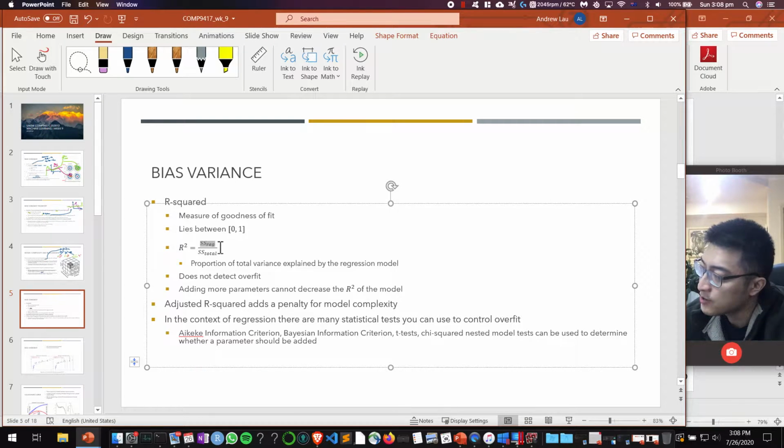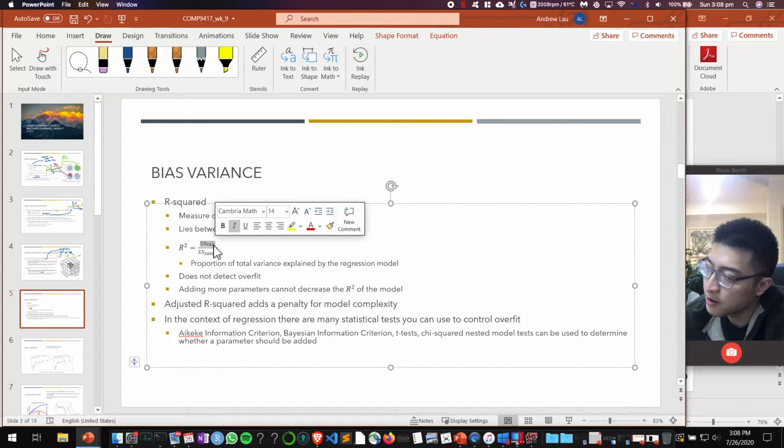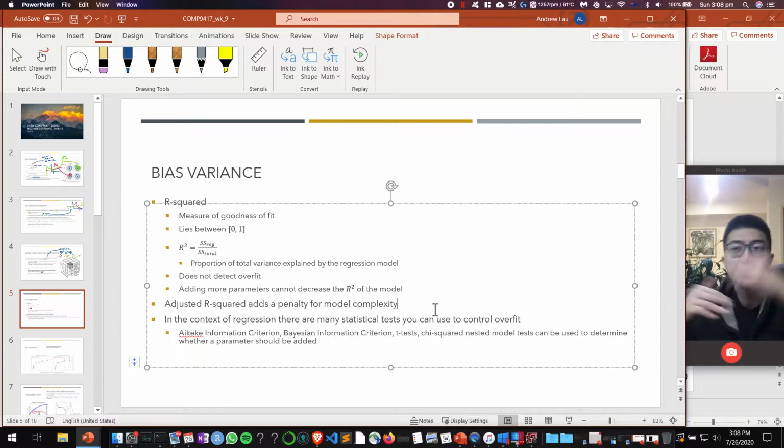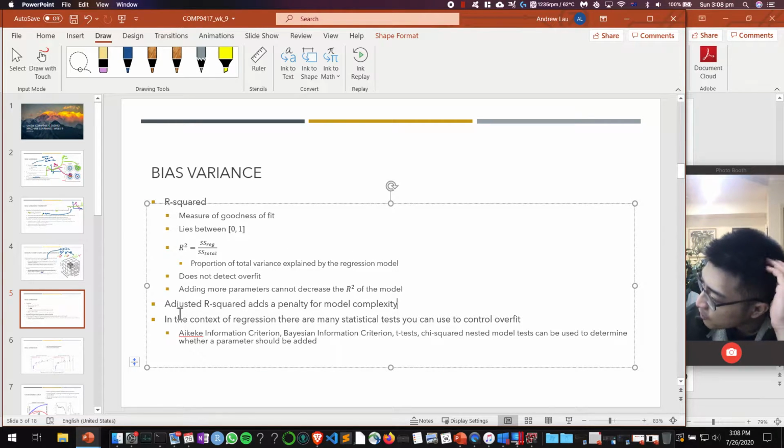You can think of it as the variance explained by the regression model divided by the total variance. So it's the proportion of explained variance. All your data moves this much, and your model explains this much of it, right? The proportion of total variance explained by your model.